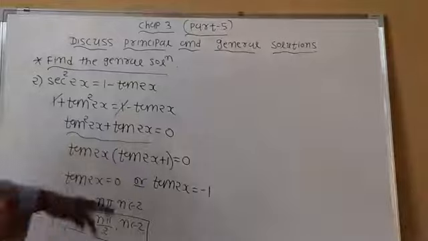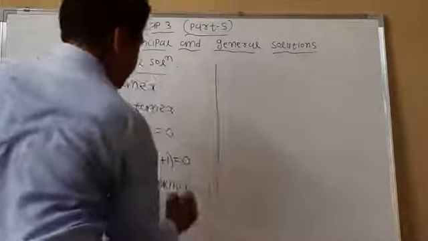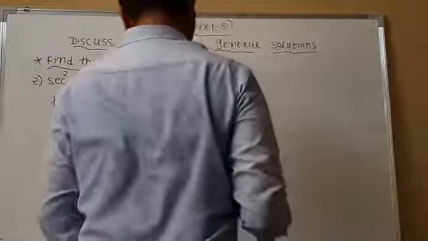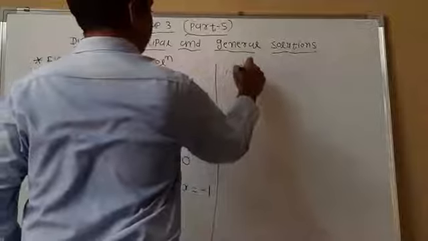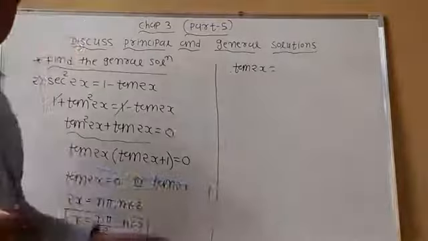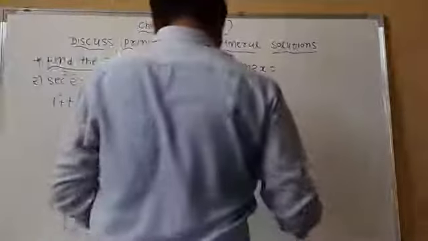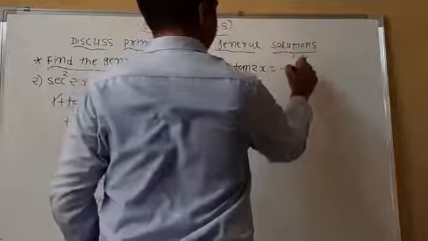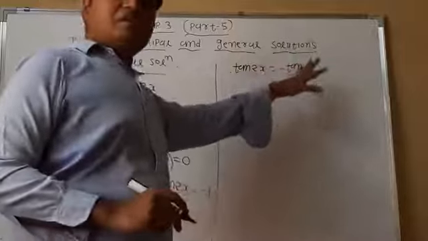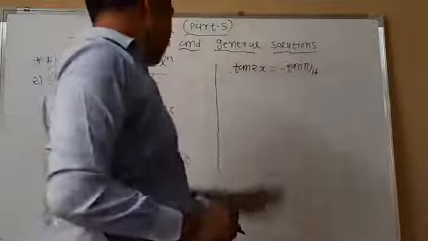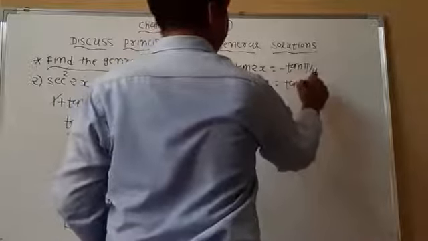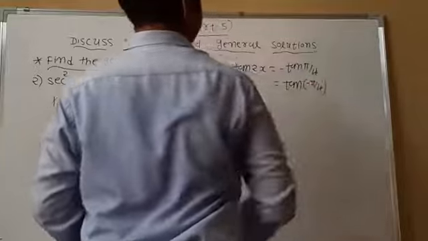Now for the other result, tan 2x is equal to minus 1. So how can we simplify? First, tan 2x is equal to minus 1, in place of it we write tan of minus pi by 4. Now again we know that tan of minus theta is equal to minus tan theta. So we write tan into bracket minus pi by 4.